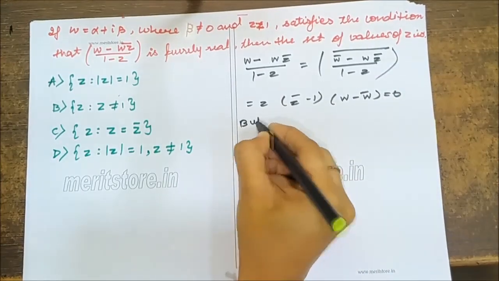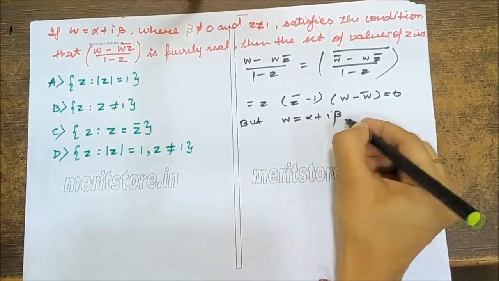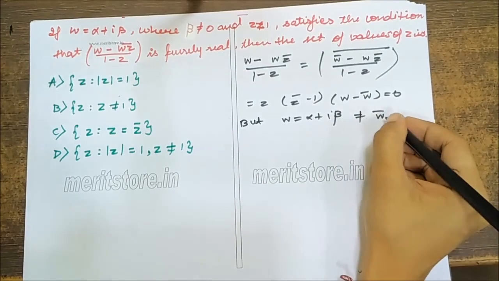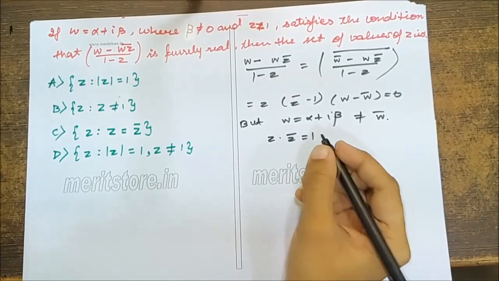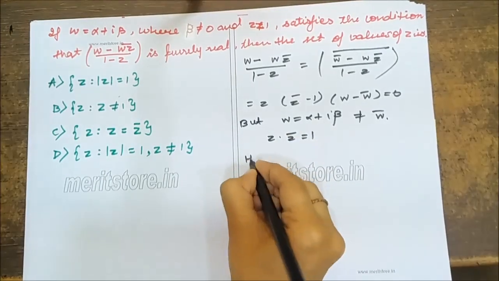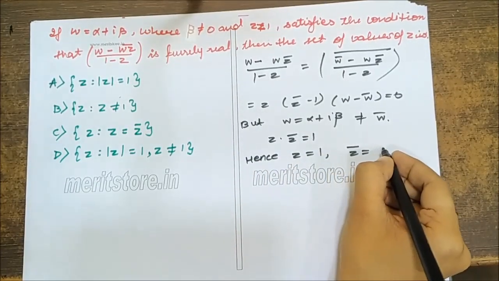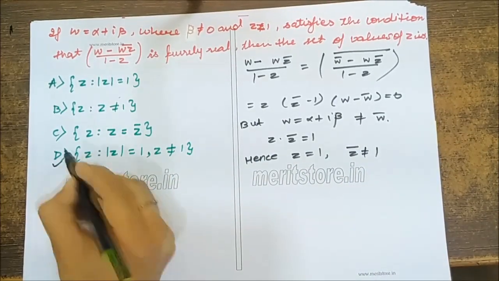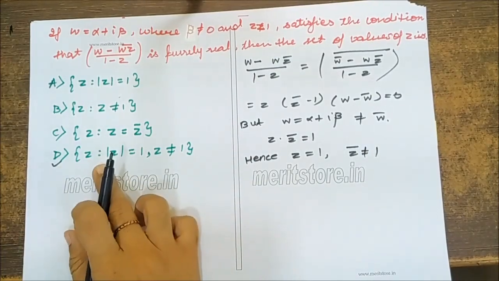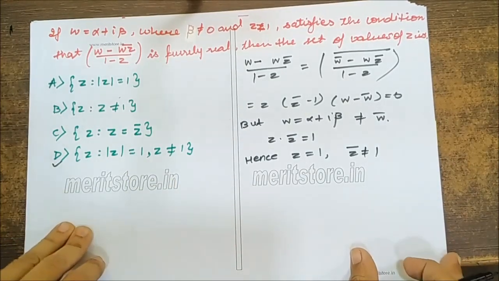But w is given as alpha plus i beta, and that will not be equal to modulus of z. So z into modulus of z minus 1 is equal to 0. Hence z is 1, and also modulus of z is not equal to 1. So your answer will be D. It is a set where z upon modulus of z will be equal to 1, but z will not be equal to minus 1.